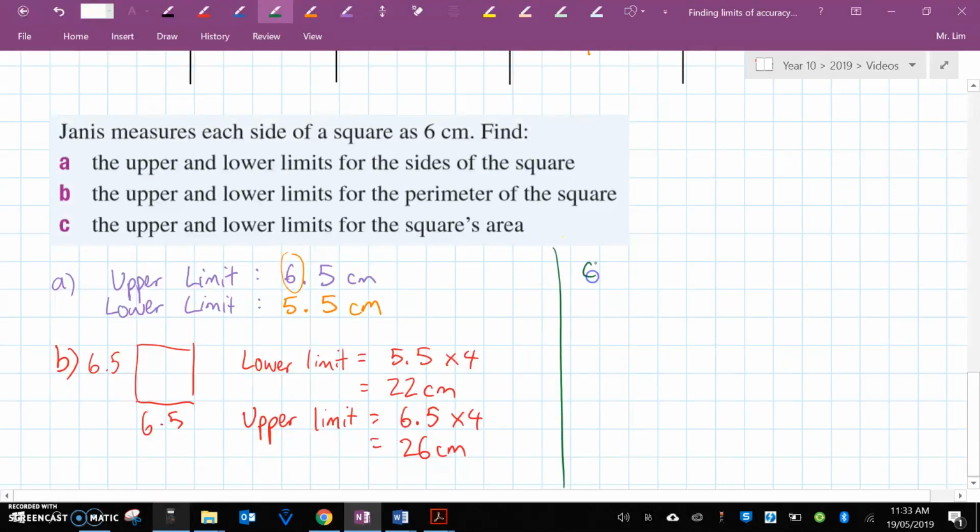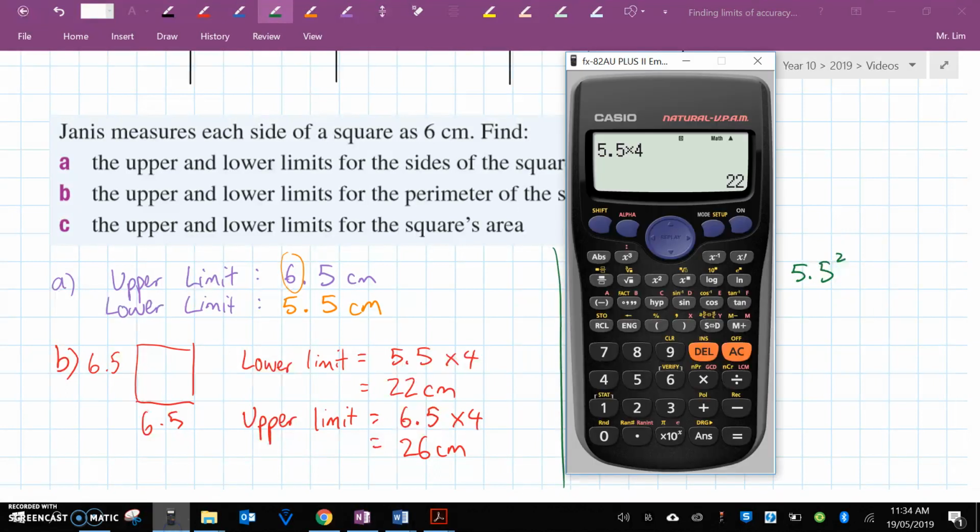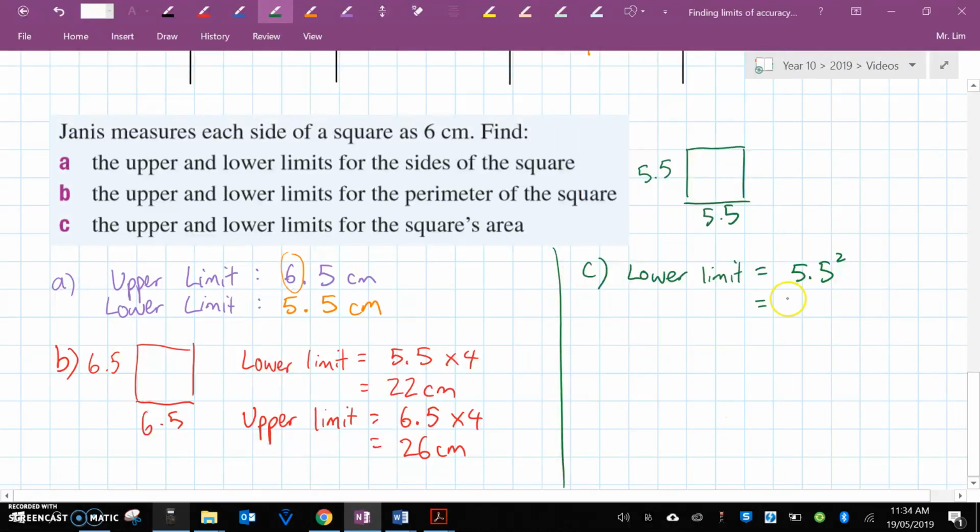Question C. The upper and lower limits for the square's area. Well, if the square, again, is 5.5 by 5.5, the lower limit for the area of the square is 5.5 squared, 5.5 times 5.5. 30.25.